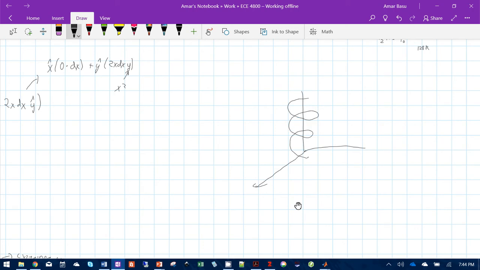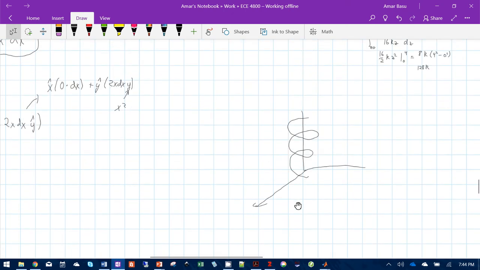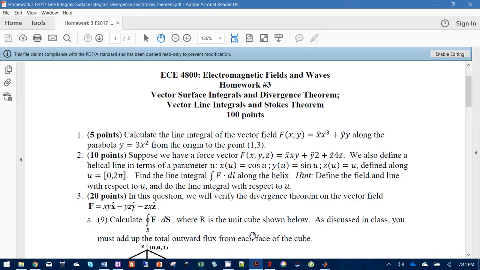Twisty line. So this is a three-dimensional line, right? The example problem that I just showed you was a two-dimensional line. This is a three-dimensional line, and we're going to take a line integral along that. So that's a slightly more challenging problem, but you'll see that if you put everything in terms of u, it'll just end up being a basic integral again.